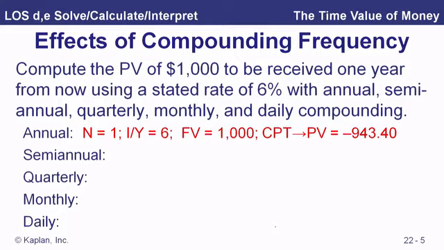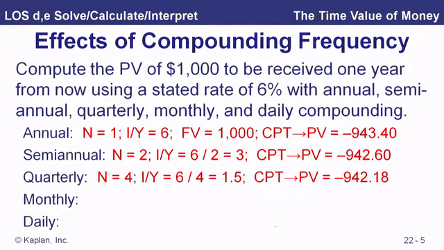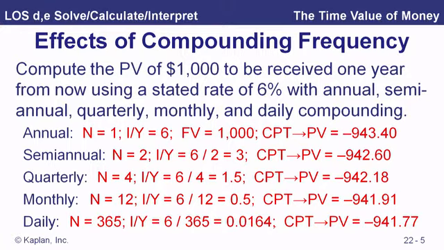With semi-annual compounding, remember that makes our effective annual rate a little higher, so our present value is going to be a little lower. And then as we use those same terms we did before for quarterly, monthly, and daily compounding, and notice these are pretty darn close together, but they're still getting smaller when we move from monthly to daily compounding, or actually discounting in this case.